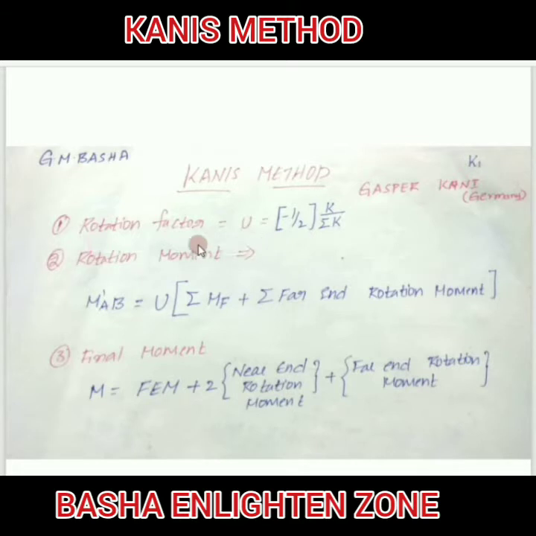Then the rotation moment. Generally, final moments are denoted by MAB. Fixed moments are denoted by M bar AB. Rotation moments are denoted by M dash AB. That will be equal to U, the rotation factor, into sigma MF.